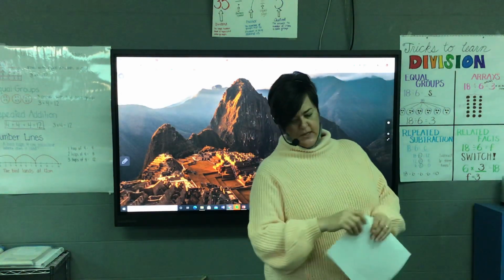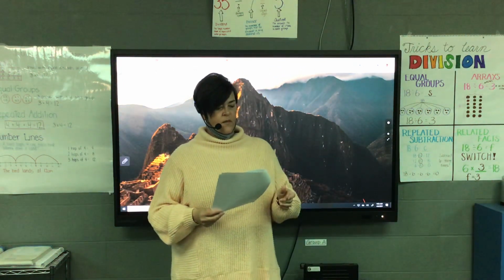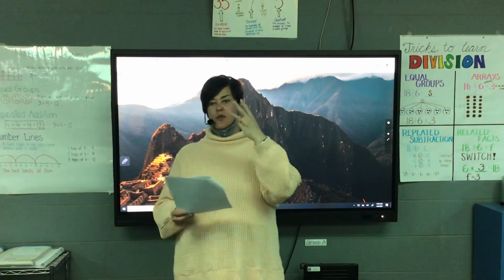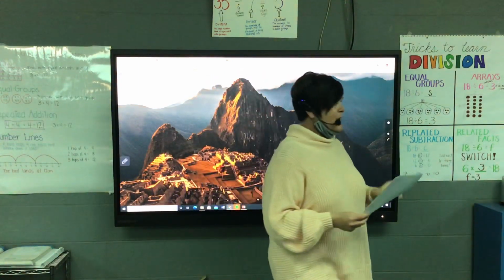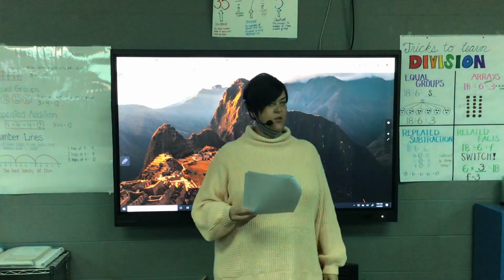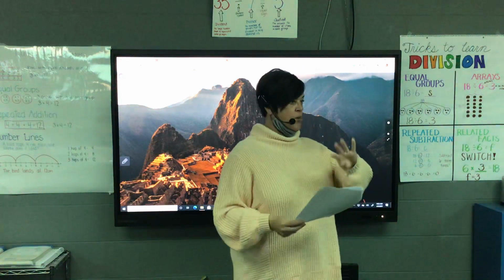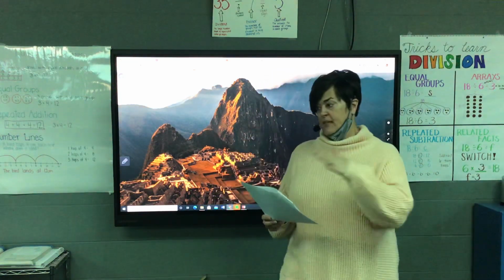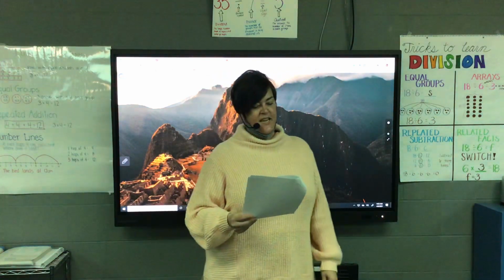Let's turn the page. Question 9. So they give us four events. Which event comes first in this story? So it's like we have to find the very first one of those 4 that happened in the story. Question 10.